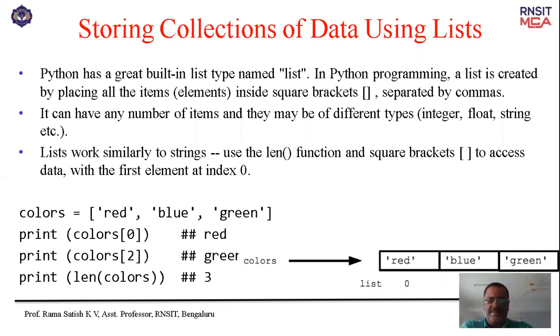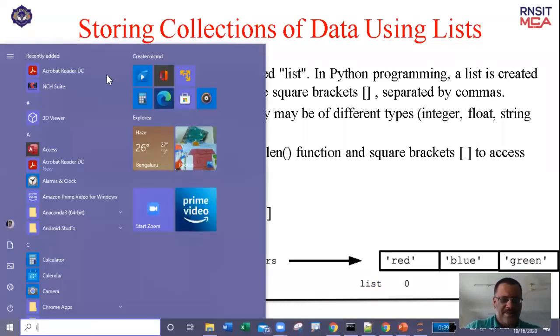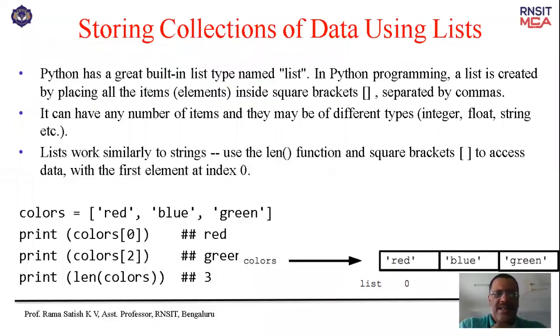Let us create a list. Let me run IDLE. IDLE is very interactive. So initially, to understand the concept, we will start with IDLE, and all the programs we can either run in Spyder or in Jupyter Notebook.